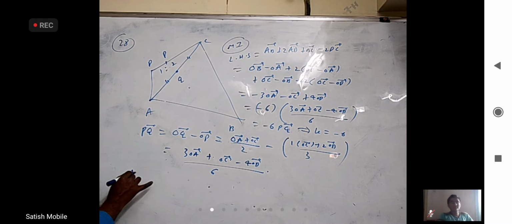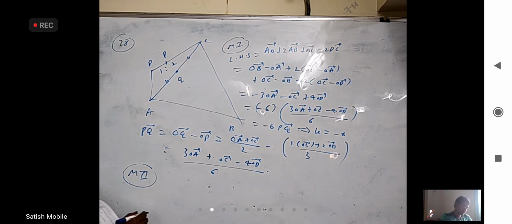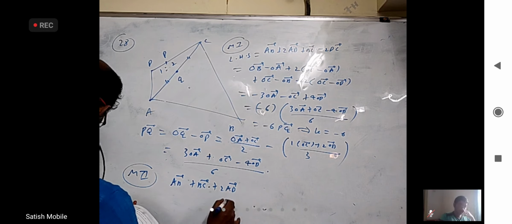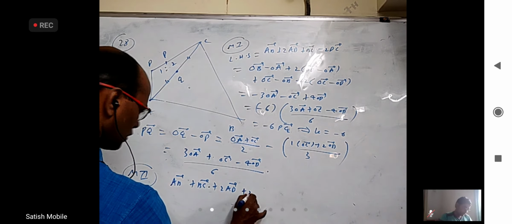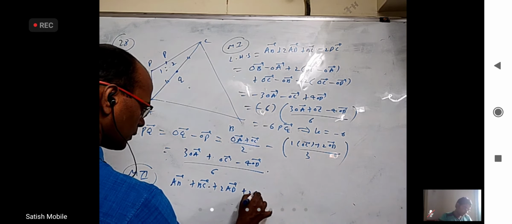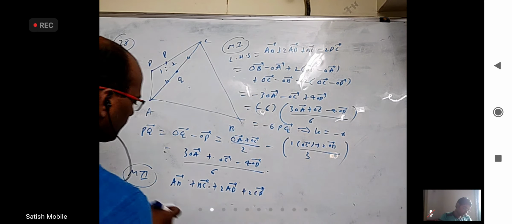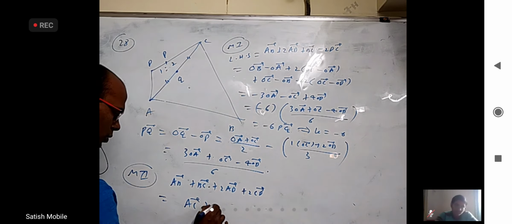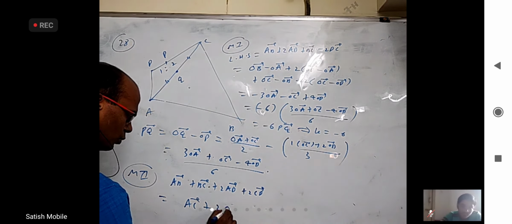Okay, I want to try another method. Let us see it working out. AB bar plus BC bar plus 2AD bar minus 2DC, I can write plus 2CD. This is AC bar, AC midpoint is Q. So this is 2QD bar.